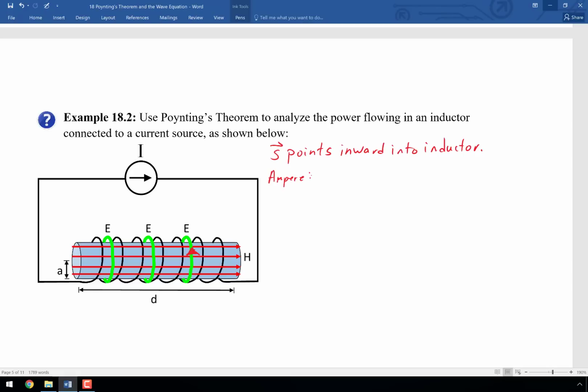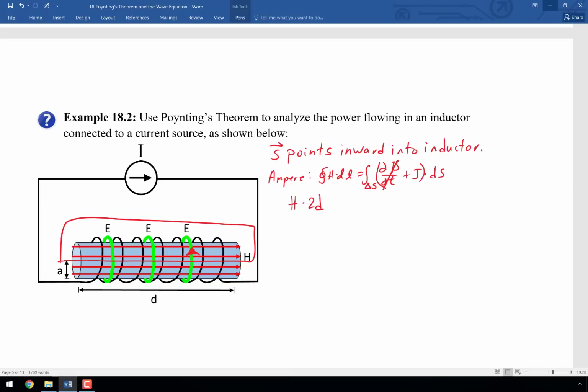I'll go a bit more quickly here if I can. The integral of H dot dl is equal to the surface integral of the partial of D with respect to t plus J, so displacement current plus conduction current, dotted with dS. We know that inside of this inductor there are no electric fields, and therefore there is no displacement current flowing. And so H times 2d, and remember that basically this is the same analysis that we've done in the past. H times 2d means that we have a path that's going through the middle, coming up, and then coming back again.